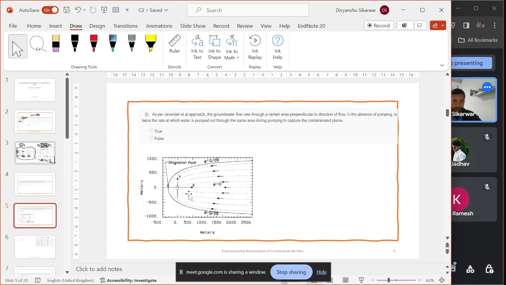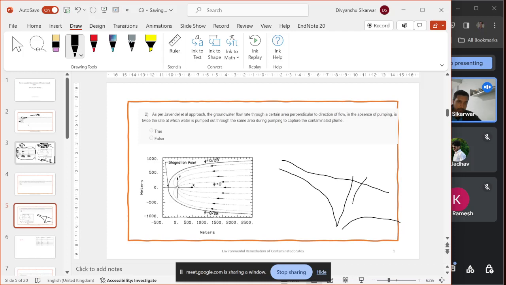If I draw a planar view of this, it should be something like this. This is the ground, and this will be a well, and the flow direction something like this.